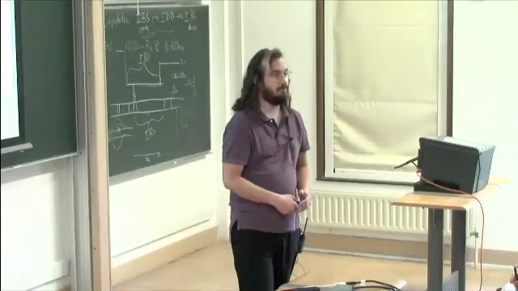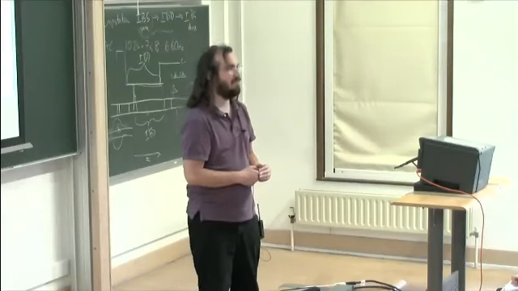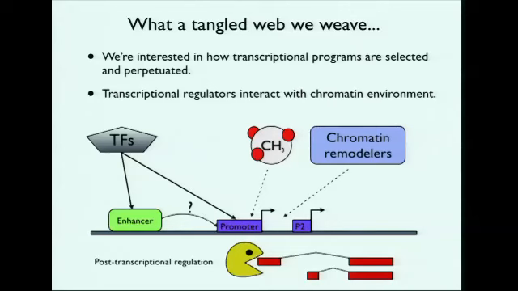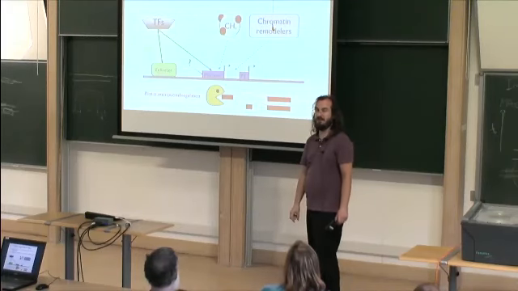Just to finish off, what is this mark doing? The classical literature tells us that DNA methylation is repressing transcription, and on average that's probably true, but frankly I don't believe a word of it.